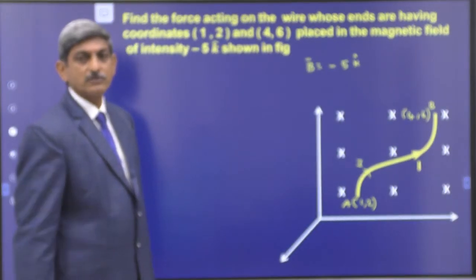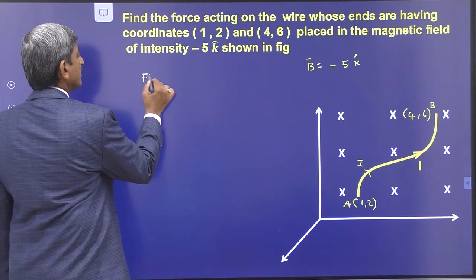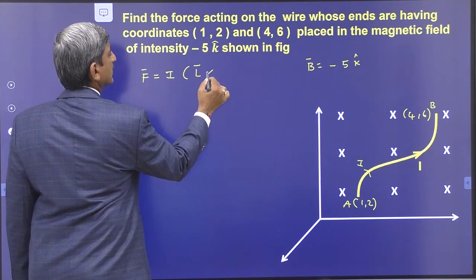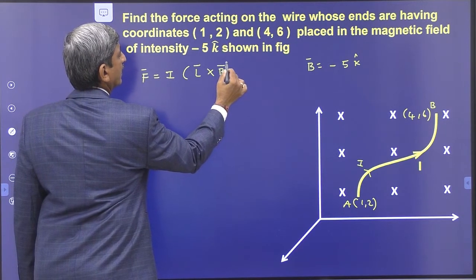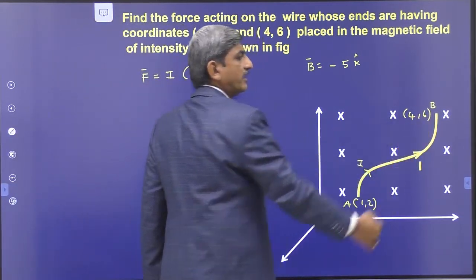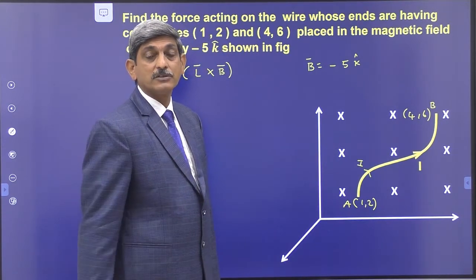For that, we know that the formula is F bar is equal to I times L bar cross B bar. Here, the given wire is not a straight wire, it is in a bending shape. In such cases, what do we have to do?